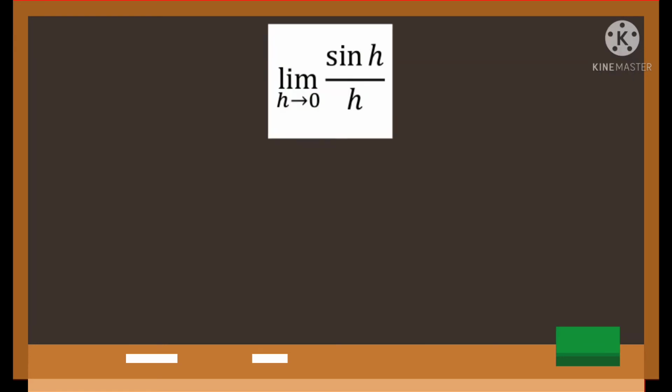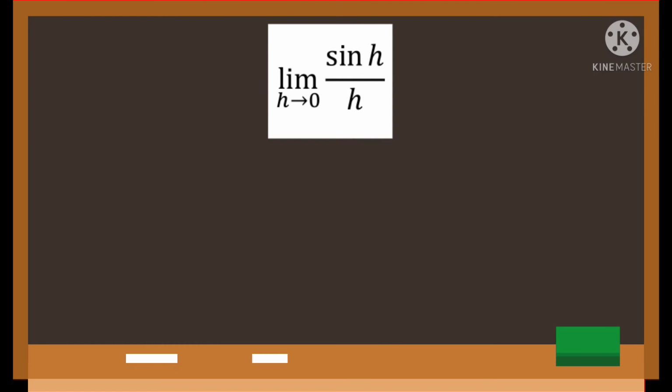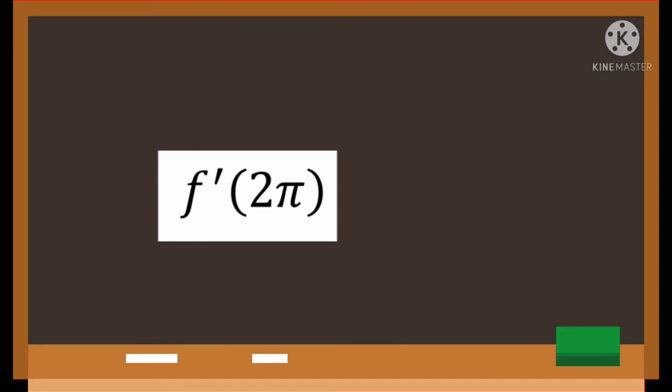If you can recall, this was one of the limits that we established during our second week. What is its value again? The answer is 1. So the value of f prime of 2 pi is equal to negative 1.